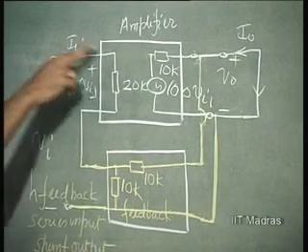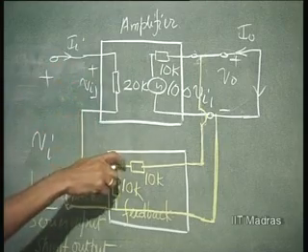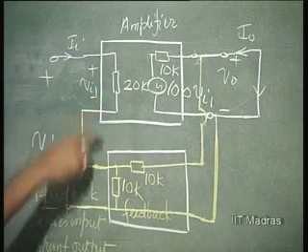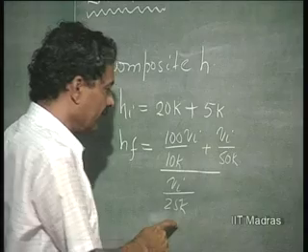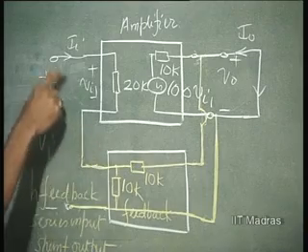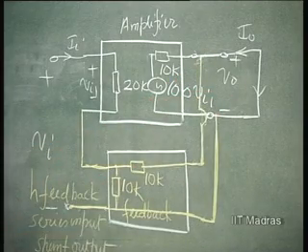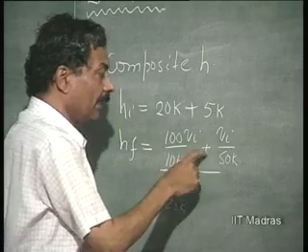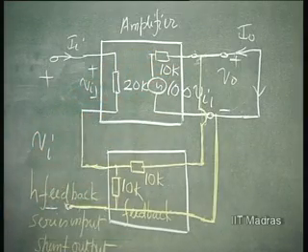II is very simply this voltage divided by the total impedance, which is 20K plus 5K, so 25K. So, VI by 25K is the input current. Part of the input current will flow here, half of it. So, VI by 50K plus 100 VI by 10K.